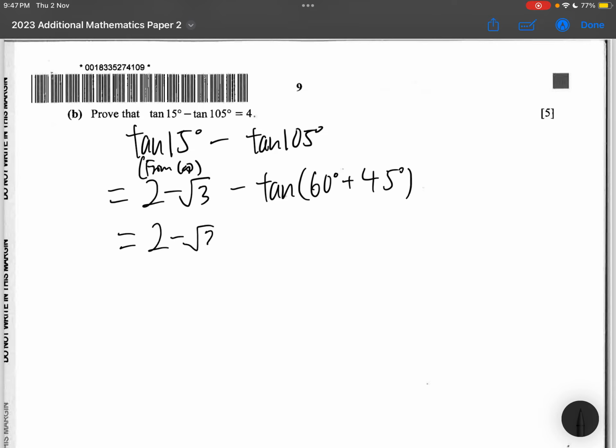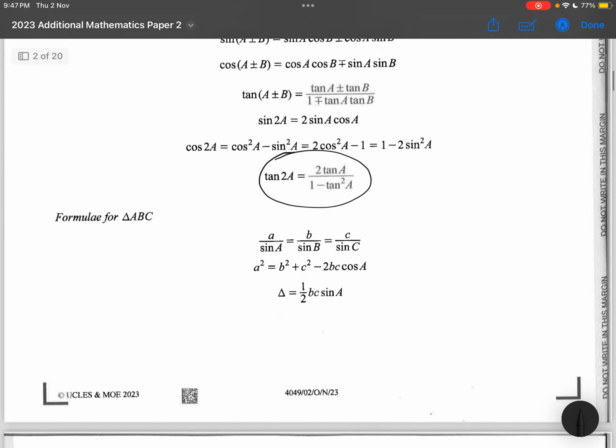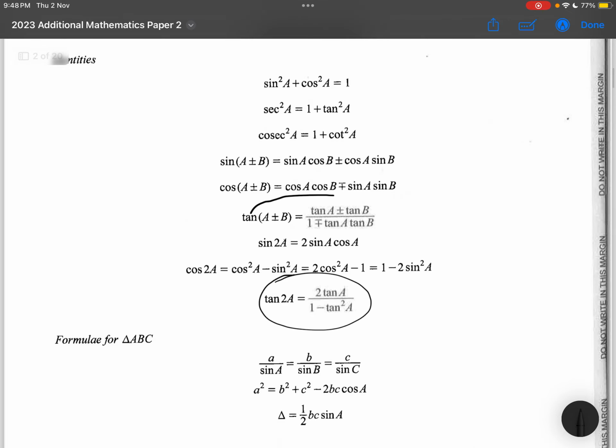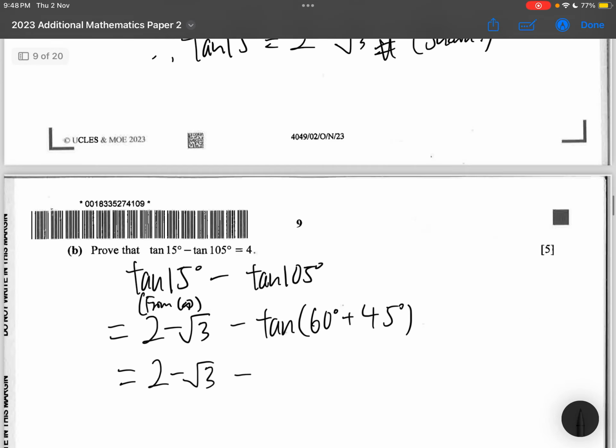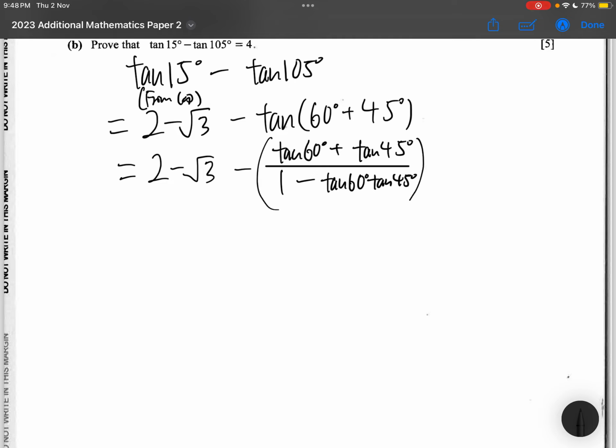So tangent 15 degrees is 2 minus square root 3. I can use the addition formula for tangent. Scroll over to the formula sheet. The addition formula for tangent is right over here. So it is this. And then you have to pay attention to the negative sign, because negatives can change whatever sign there is.